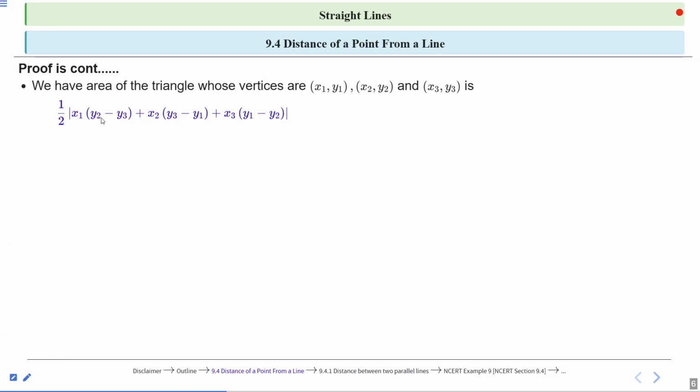And we have the area of a triangle whose vertices are given as (x1, y1), (x2, y2) and (x3, y3). So what is the area of the triangle whose vertices are given?